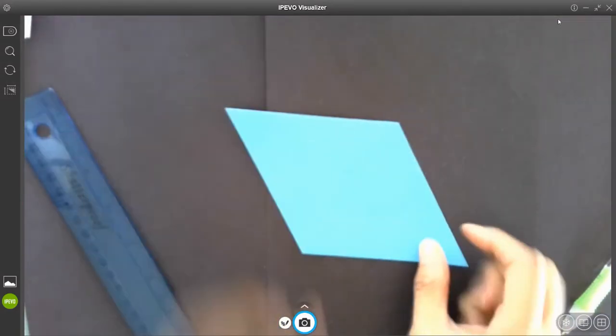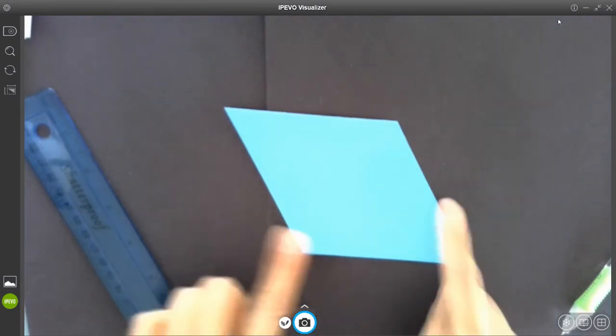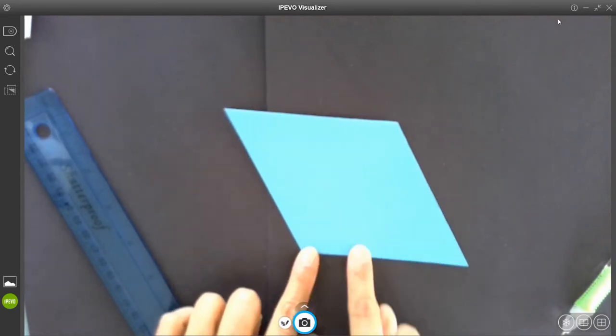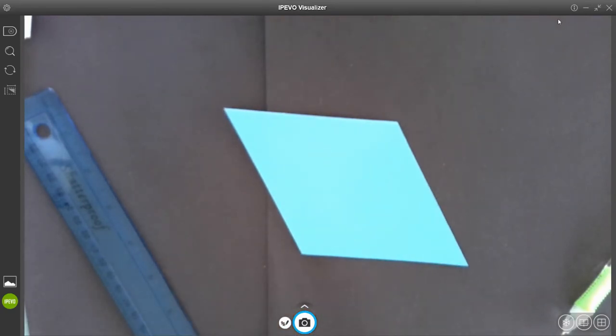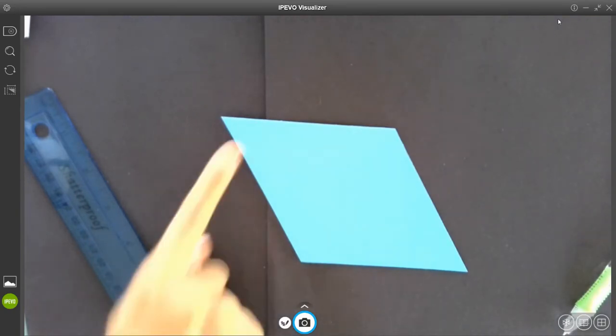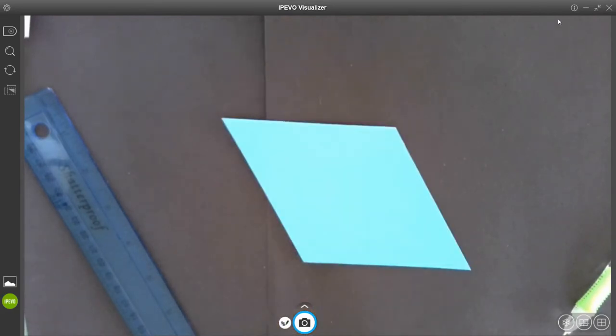So this is a shape that is much like a parallelogram. It has these two sides that are parallel to each other and these two sides. So like a rectangle, like a square, like a parallelogram, it has two sides that are parallel and another two sides that are parallel. This looks like a parallelogram because it does not have right angles. I see that it has 2 acute angles and 2 obtuse angles.